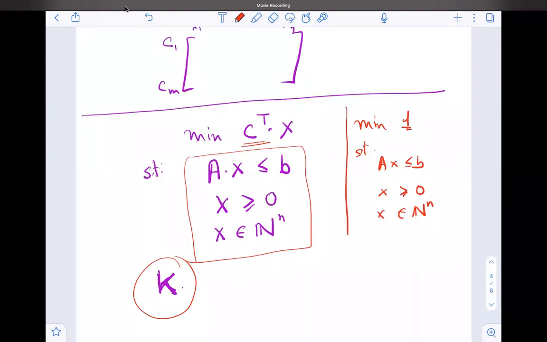I'm just looking at whether the inequalities are satisfied or not. If the inequality is satisfied, output 1. If the inequality is not satisfied, you are outputting nothing. So you can have K equal to 1.